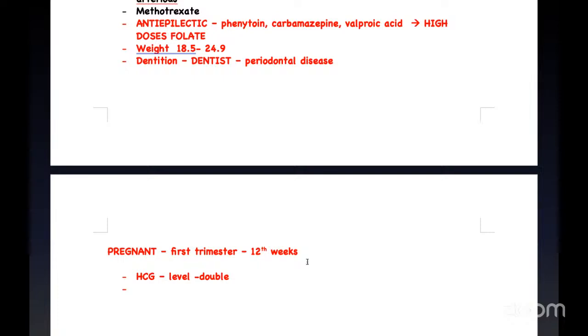But this hCG level can cause specific problems. It's mostly responsible for the nausea that they feel and all the changes that happen, and it keeps the corpus luteum persisting to help the pregnancy proceed.